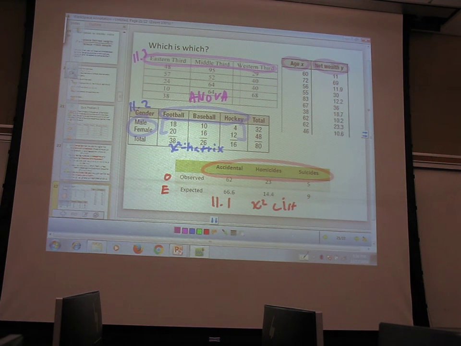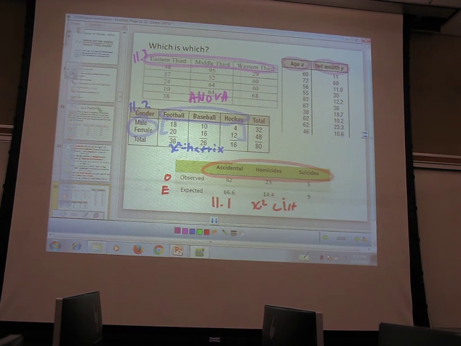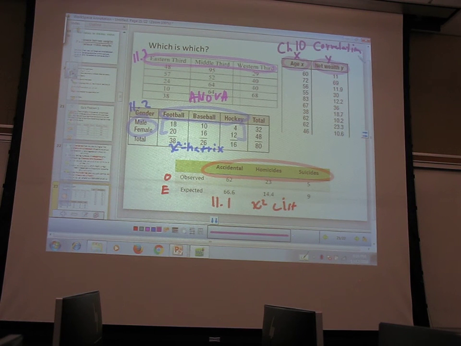Are they two different categories of the same variable? No, they're two totally different variables. So this is chapter 10. This is my x and my y. This is correlation. Everybody sort of understanding that?